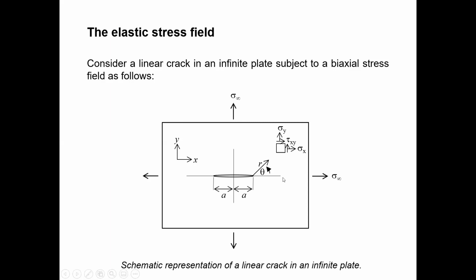So you can use this theory, with sigma y, sigma x, and tau xy, to calculate the stress at any point as a function of r and theta. With the radius and theta, that stress will vary. That is the meaning of that.